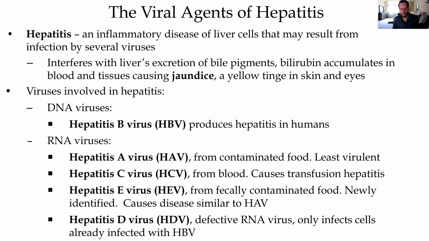So hepatitis A is from food that's contaminated. That's not typically a deadly one. Hepatitis C, however, that comes from blood transfusions or IV drug use, and so that can wreak havoc on your liver, and you can get cirrhosis, and people will succumb to that if they're not careful, especially because hepatitis C often is acquired through lifestyles that are hard on the body as well.